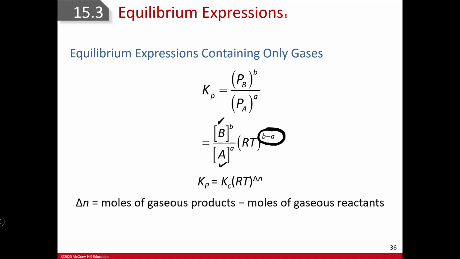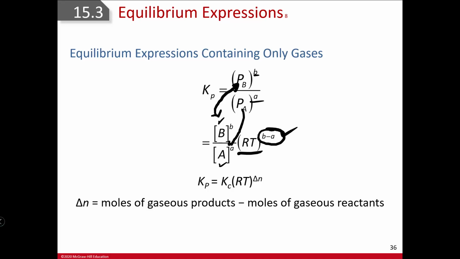We're plugging in what we just saw for the pressure of B, and we plug in what we have for A. Both of those had that multiplier of RT. But here's what we have to do. Because it's B divided by A, we subtract. And these are exponents. Remember, you subtract exponents when you divide. So that's why it's B minus A.